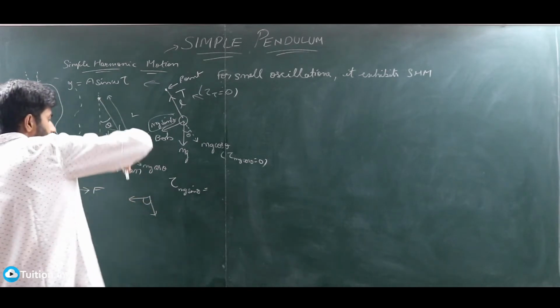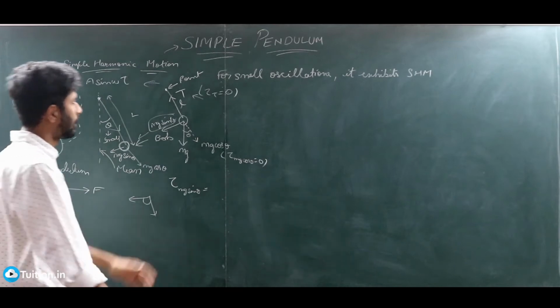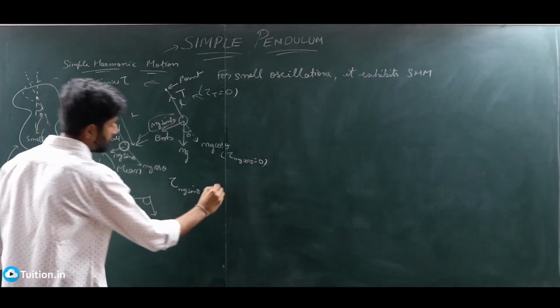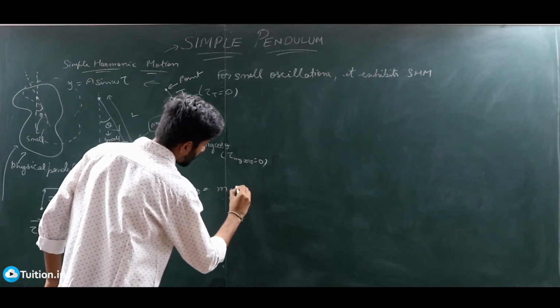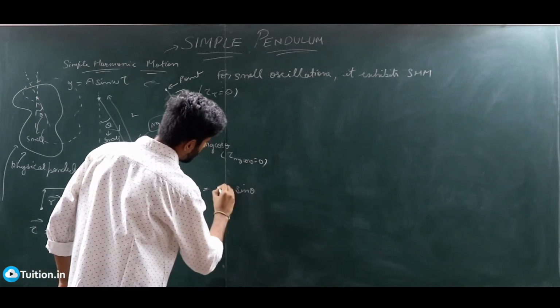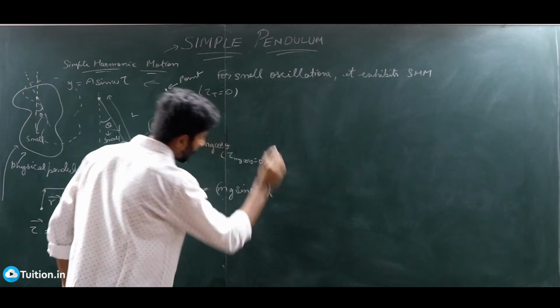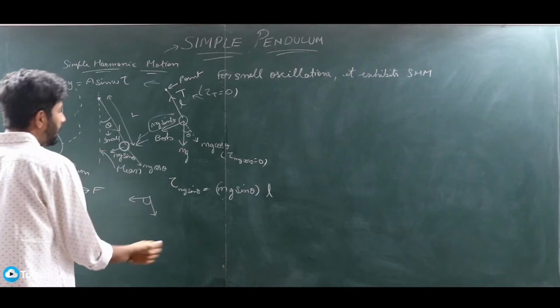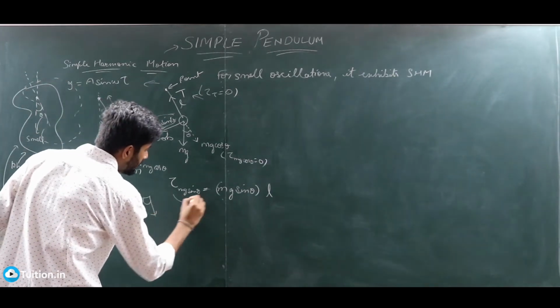So the torque will be inside, but we don't need the direction of torque as far as our formula derivation is concerned. So we'll just multiply this mg sin theta with L, right? This is the torque produced by mg sin theta. Now what you need to understand is, this is a restoring torque.